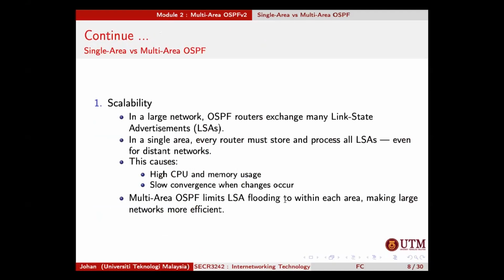We have a huge network and then we divide it into multiple areas, so the efficiency will be increased. So this is what they achieve when they implement this multi-area methodology compared to the single area.